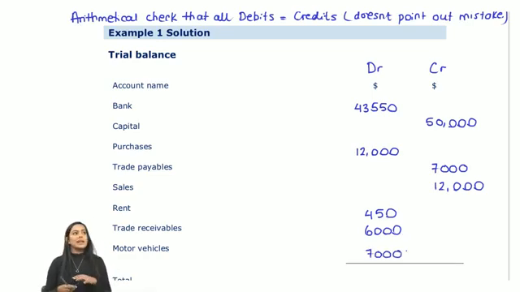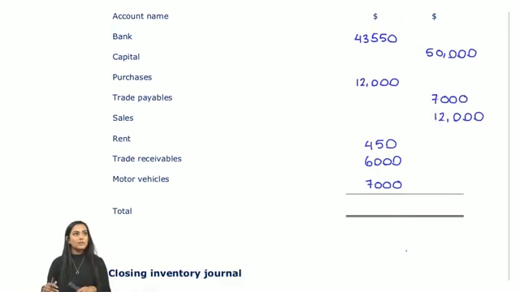Okay? If you add down both columns, they should come up to the same total. That's how you know your trial balance balances. So if you add down, $69,000.